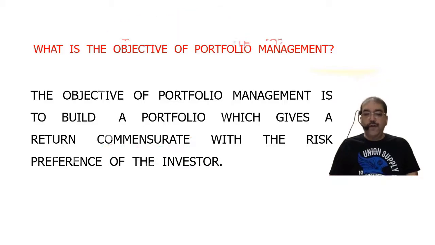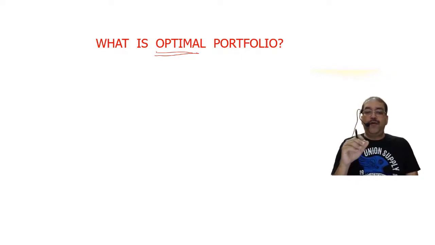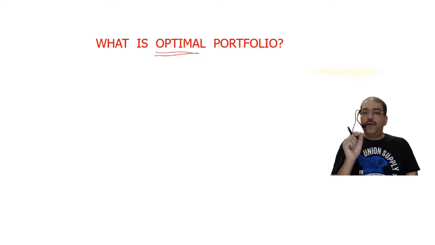Now we have something called an optimal portfolio. From the word optimal, normally students jump to the conclusion, sir, optimal portfolio means that which gives maximum returns. Yes, but you are telling me only half of it. What is an optimal portfolio? I give you the level of risk that I'm willing to undertake.